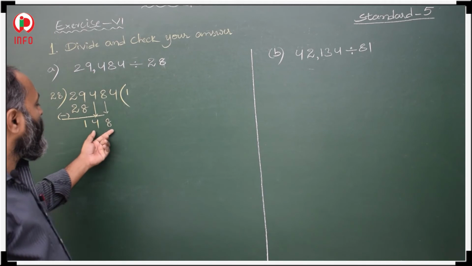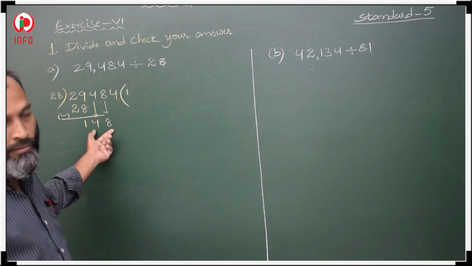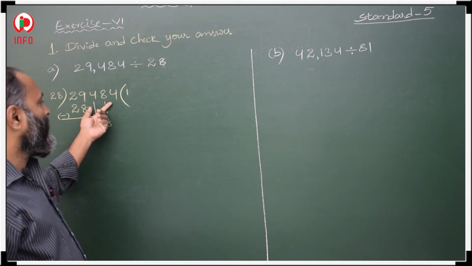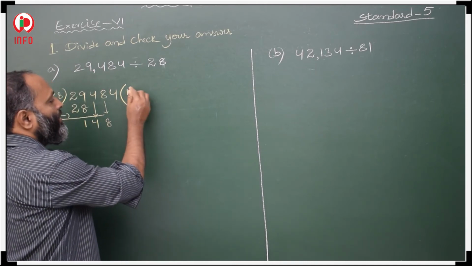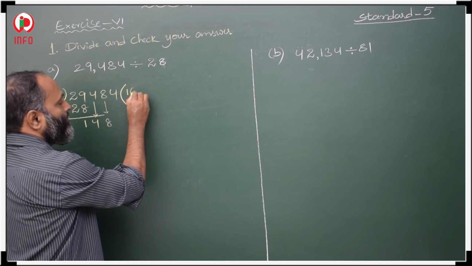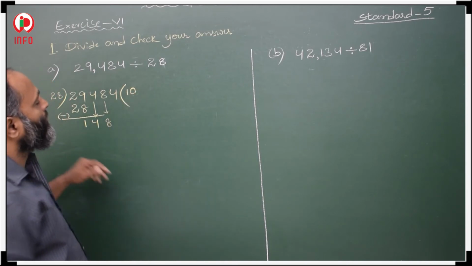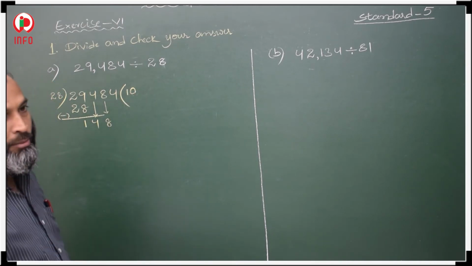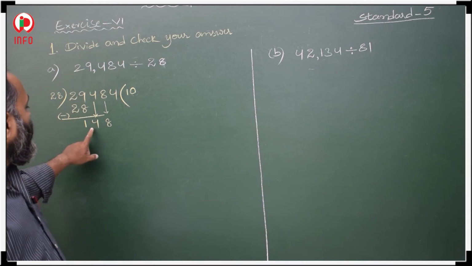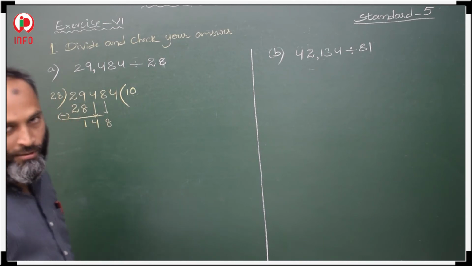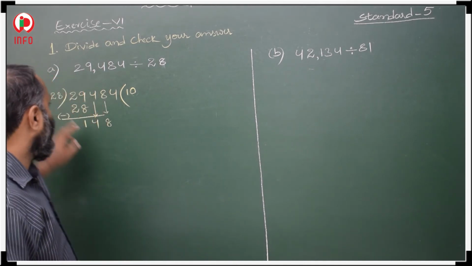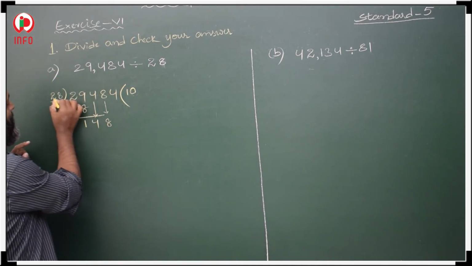So we are copying two numbers at a time. If we copy two numbers at a time, then we have to keep 0 here. So then we have to take two numbers. Then when will we get 148 in the 28 table? Here we take the first digit.